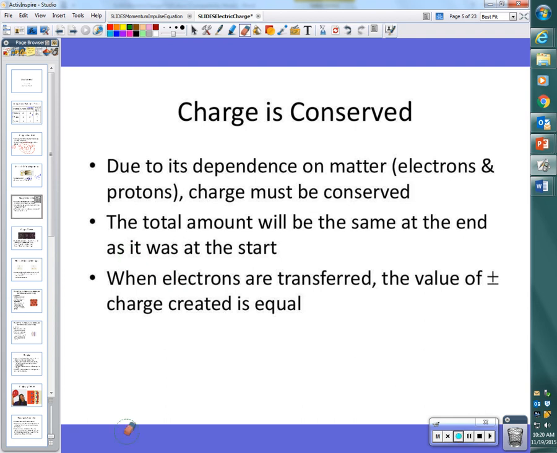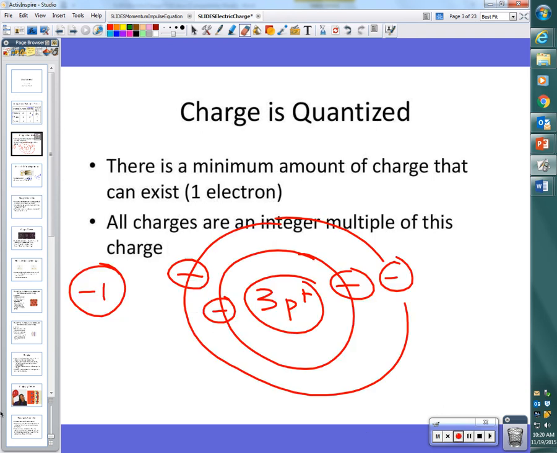Total amount of charge is the same at the beginning as it was at the end, and that means when electrons are transferred, the value of positive and negative charge created is equal. Like we said, if this atom's going to be -1, there has to be another atom somewhere that's +1 to keep the total amount the same. All right? Good there? Okay.